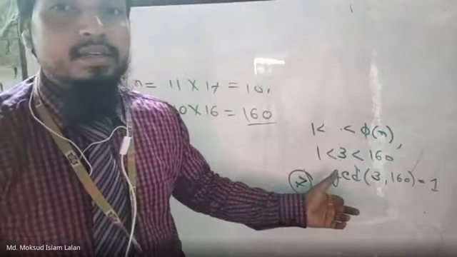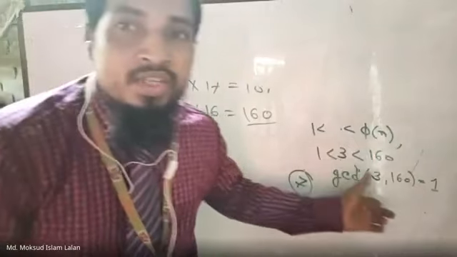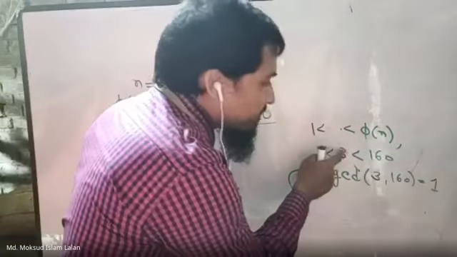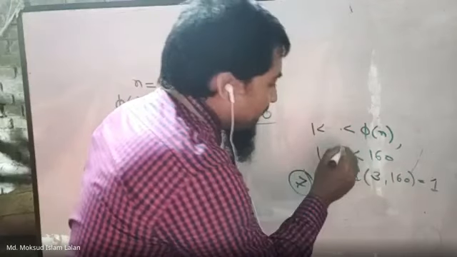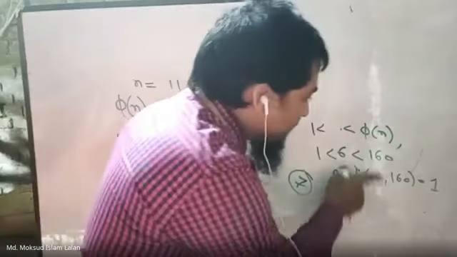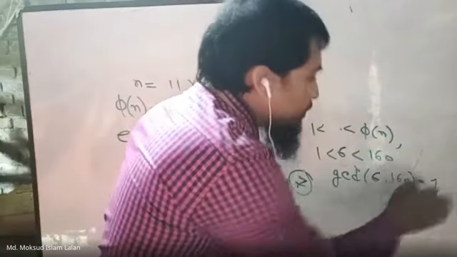Sir, we took 7. Could we have taken 6 instead of 7? No, we cannot consider 6, Baijit, because if you consider it, only one condition is satisfied, that is greater than 1 and less than 160. But here with 6, the GCD is not 1.